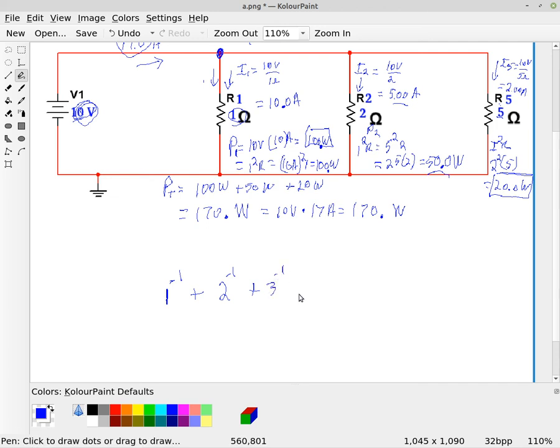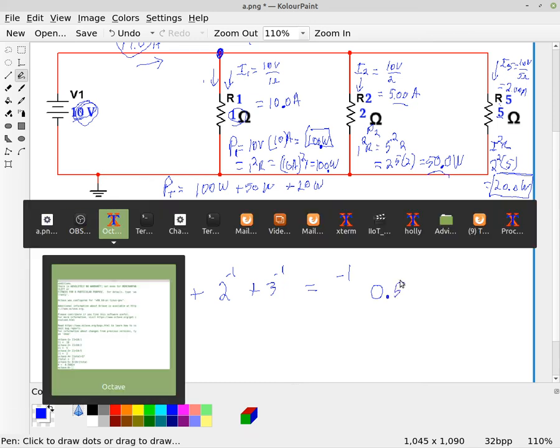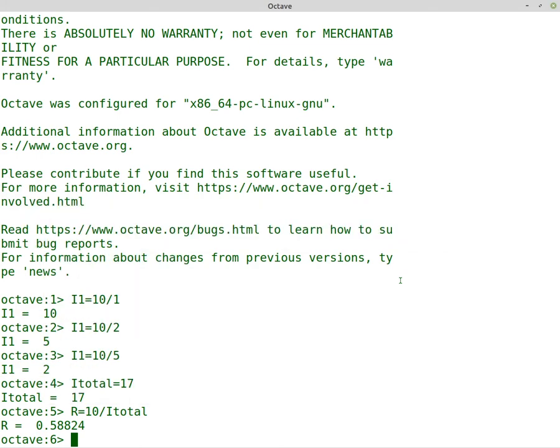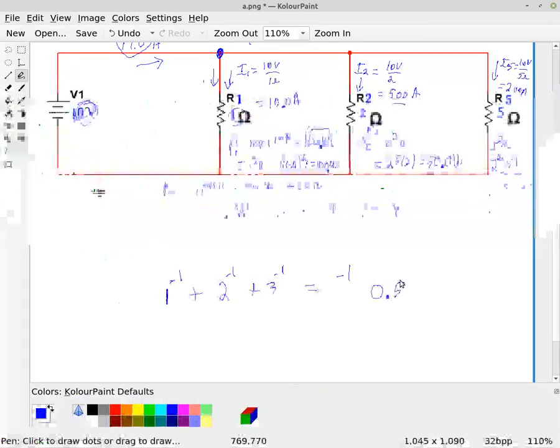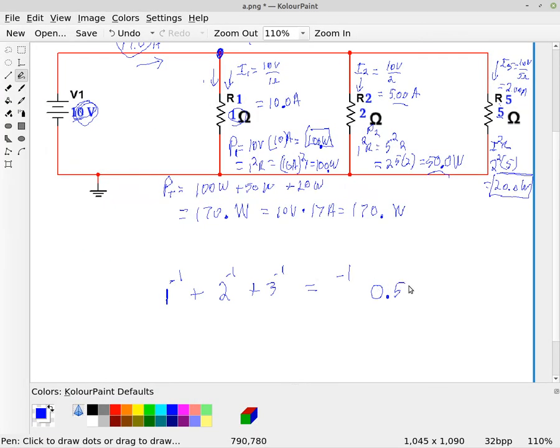Then you would hit the equals button and then hit the -1 button again, and that will give you the total resistance. And notice that the total resistance, I calculated it before, is 0.588 ohms. So that is the total resistance of this circuit.